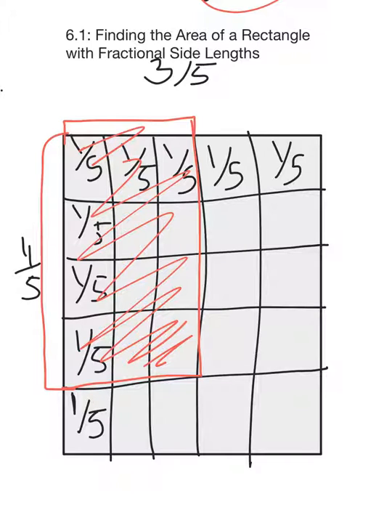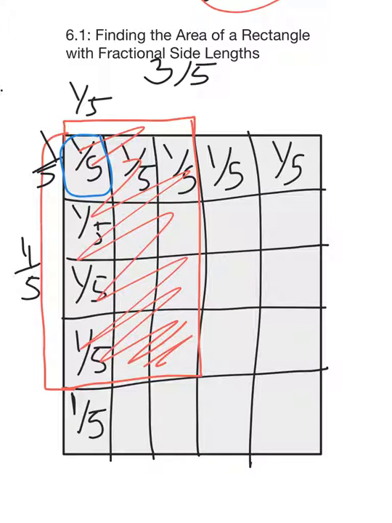And then, if you look at each square in this red rectangle, what's the fraction of each square? You would do 1/5 times 1/5, because this is 1/5 of this whole side and this is 1/5 of this whole side of the rectangle. This is one square right here.